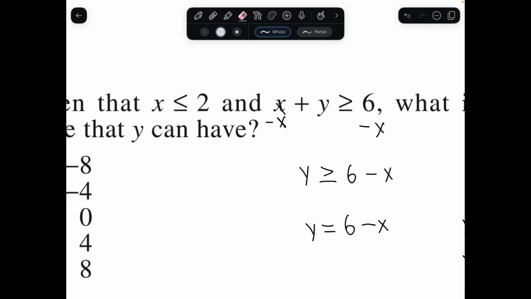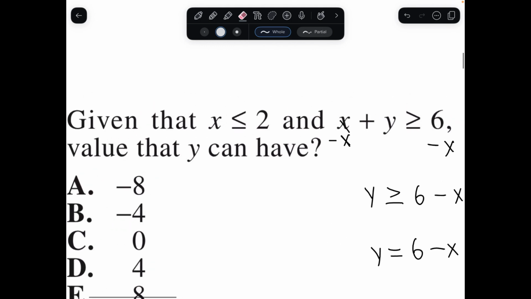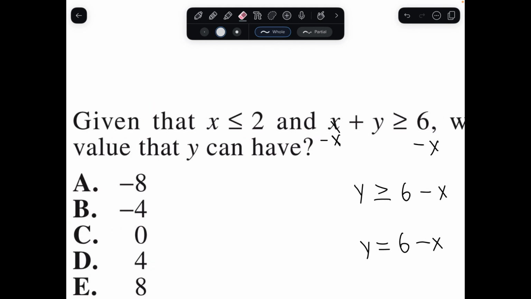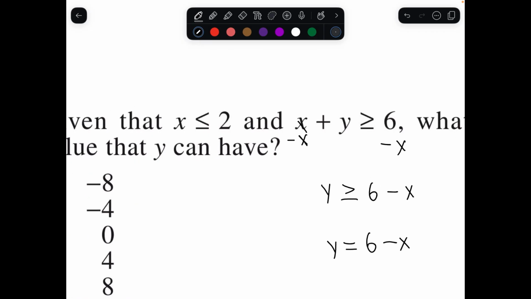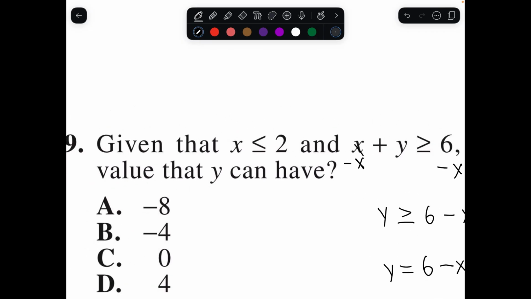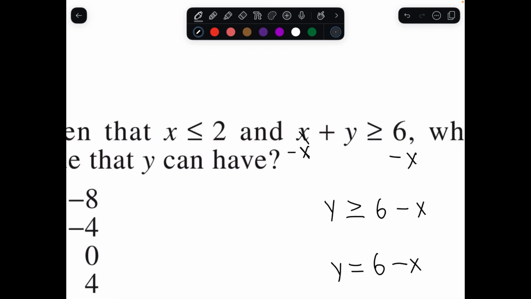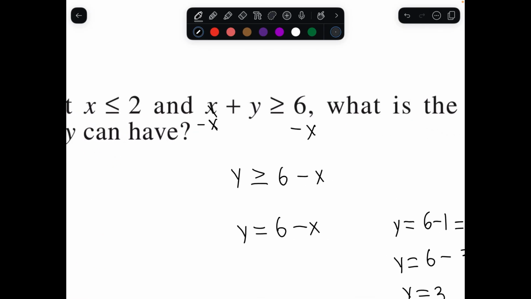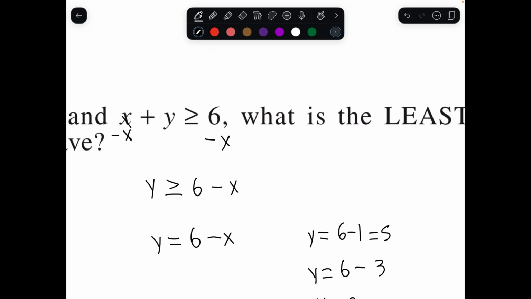The greatest possible value for x in this problem would be 2, because it says x is less than or equal to 2, and the greatest possible value you can get from that inequality for x is 2. So that means plug in x equals 2.